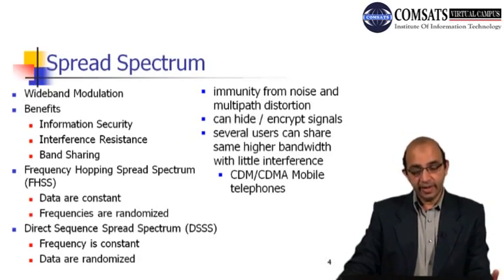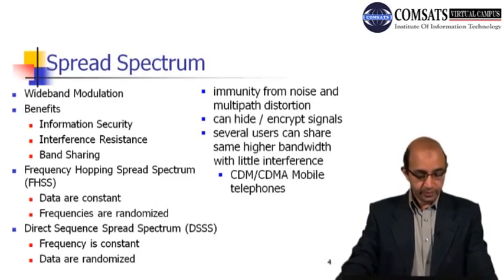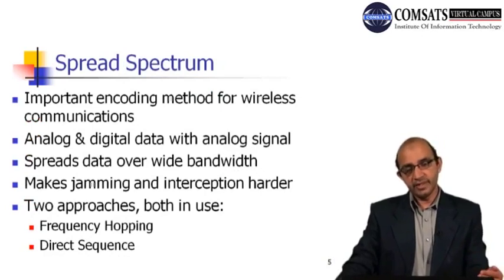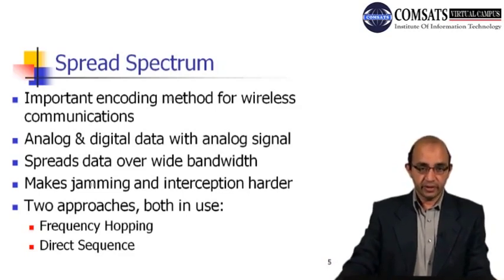We can hide and encrypt signals, and several users can share the same higher bandwidth with little interference. CDM and CDMA are some of the applications. Right. So as mentioned, this communication encoding scheme is widely accepted and is being used for different technologies, and wireless communication is one of the technologies where spread spectrum is being used.